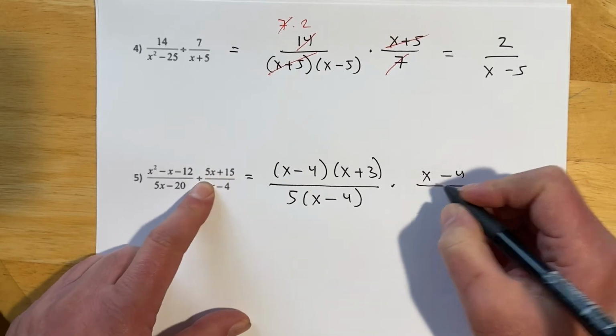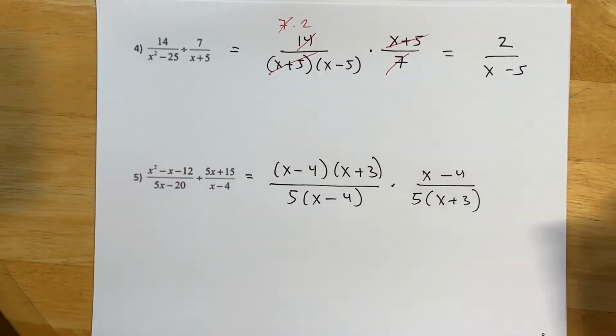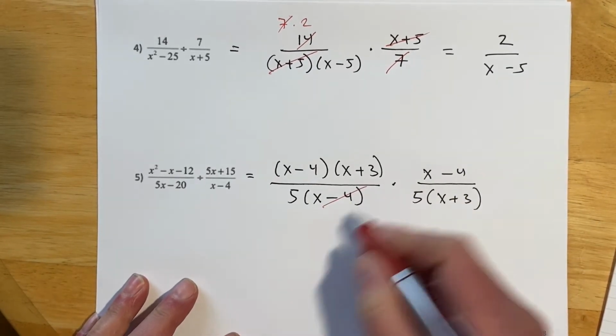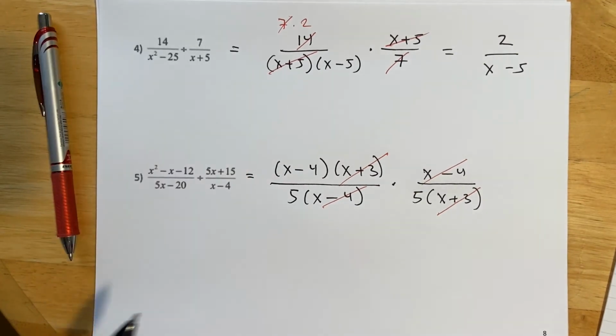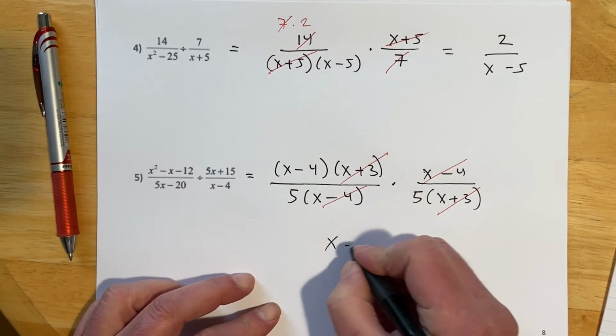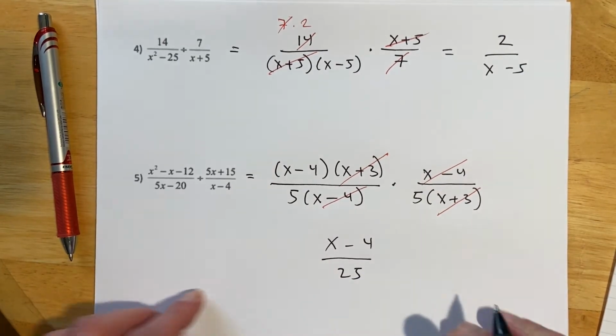And let's take a 5 out of those, so that's going to go 5x plus 3. And then let's see what we can get rid of. X minus 4's cancel, 5x plus 3's cancel. And it looks like we just have the x minus 4 from here, and then 5 times 5 for 25.